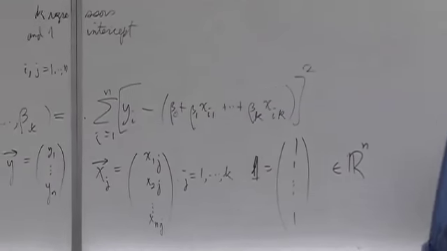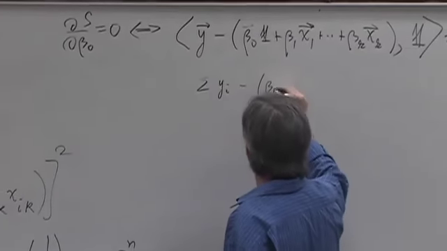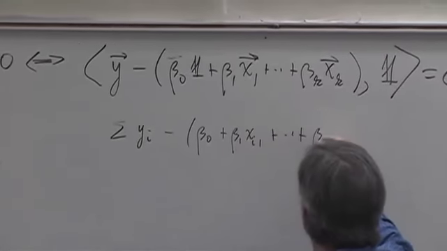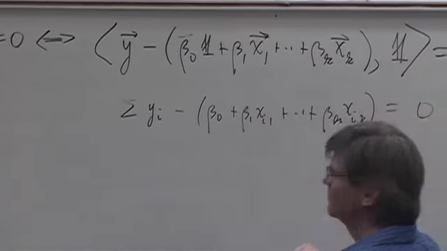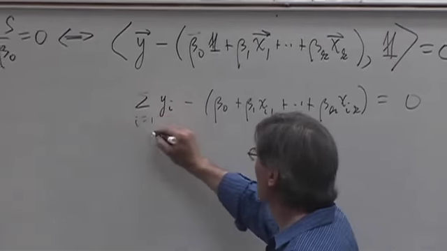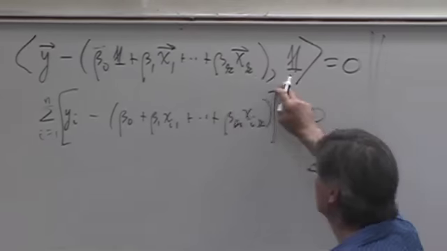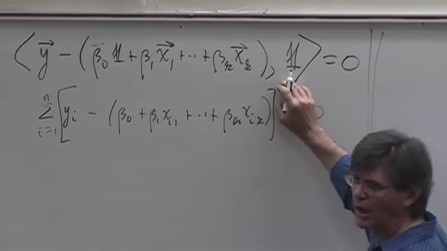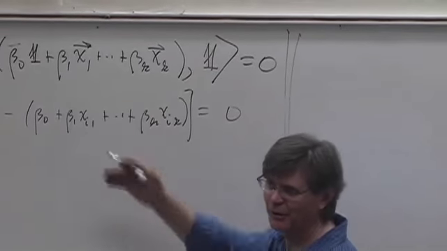So this simply means that the summation of yi minus beta 0 plus beta 1 xi1 plus beta k xik is equal to 0, i goes from 1 to n, because the inner product with the 1 means I'm summing, right? So this inner product is a sum. It's like an integral or a sum.